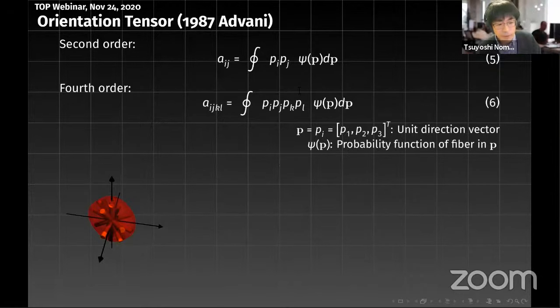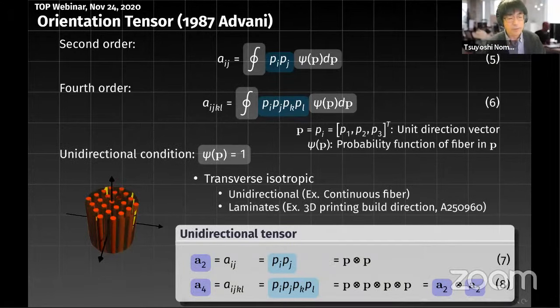However, in our case, I just want to represent a single orientation at a point, so we can assume that the probability is always 1, and the design tensor becomes very simple, as shown in equations 7 and 8. Basically, that is a self-dyadic of the orientation vector.